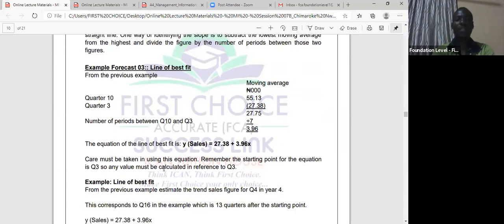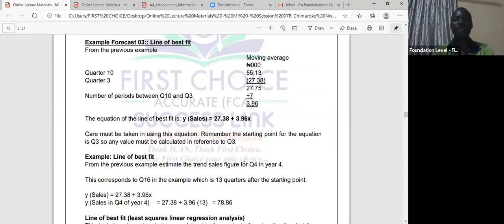We did a forecast for quarter 4 in year 4. This was the trend line we got using the high or low method here. We got a trend line. We use it now to forecast that of year 4, and we got 78.86. This is in thousand.